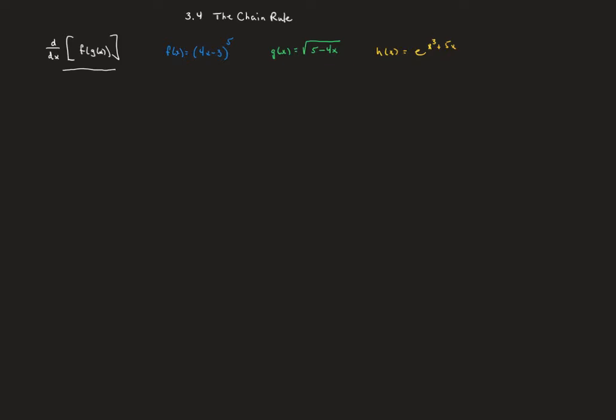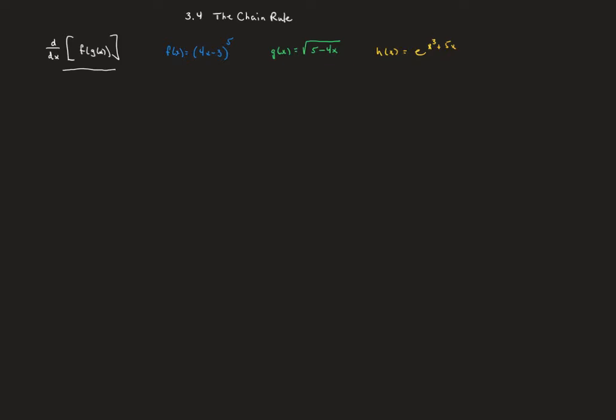So each of the three functions you see here, the blue, the green, and the yellow, is the composition of two functions. So f has a function 4x minus 3 that is inside the x to the fifth function. And g of x has a function 5 minus 4x that is sitting inside the square root function.